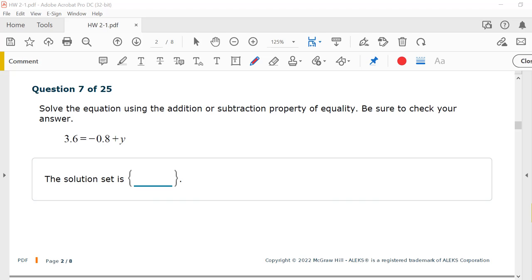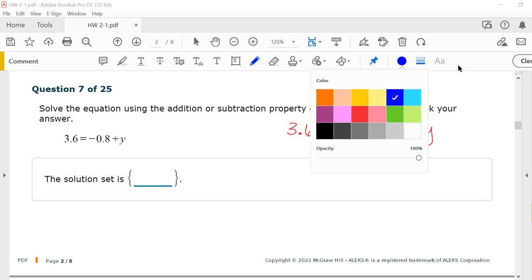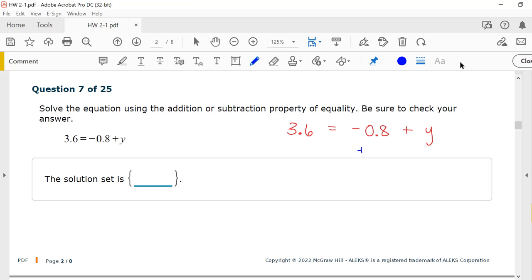Number 7, solve the equation using addition or subtraction property of equality. Number 7 may look scary because there's decimals involved. 3.6 equals negative 0.8 plus y. You're adding negative 0.8 to y. So I need to add 0.8 to both sides.